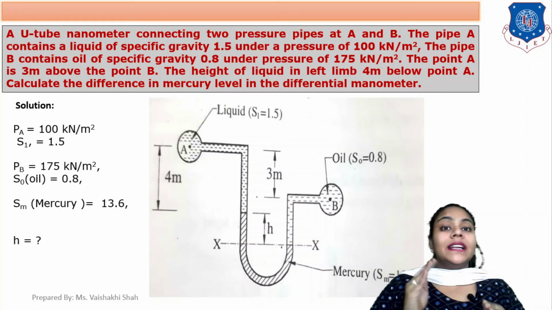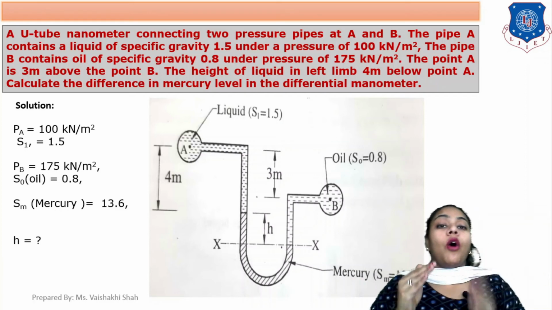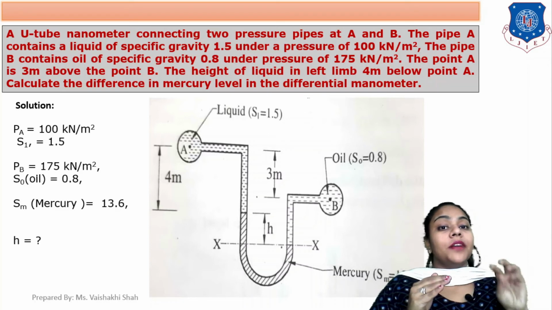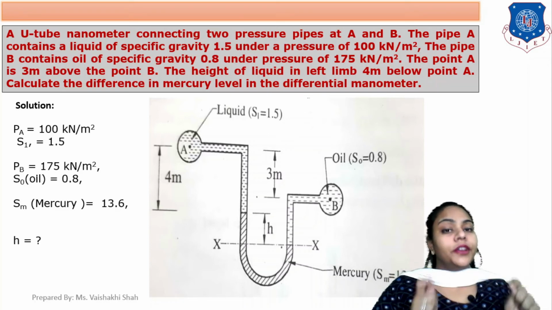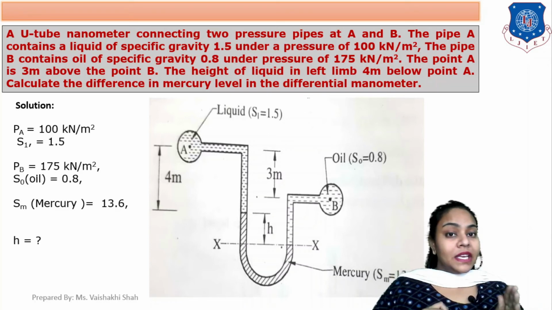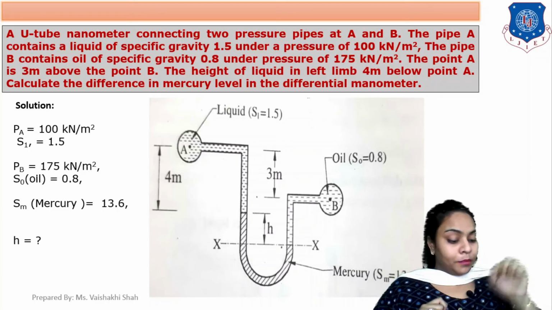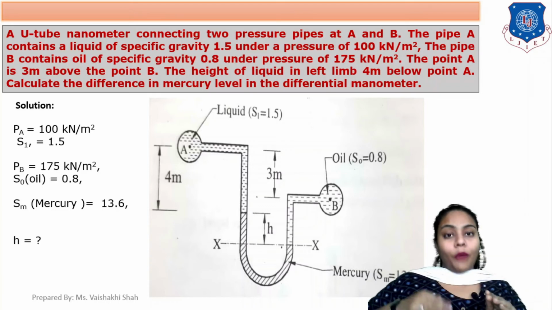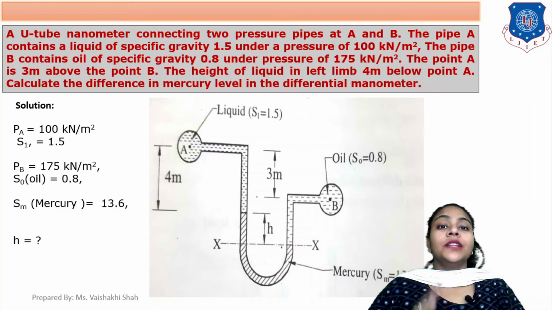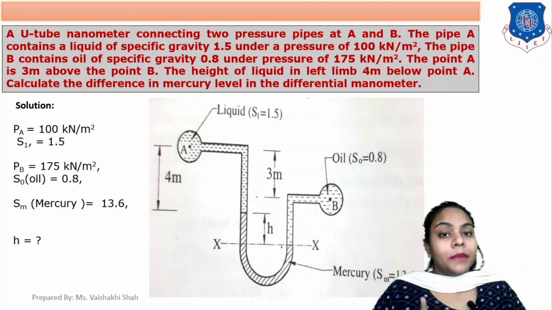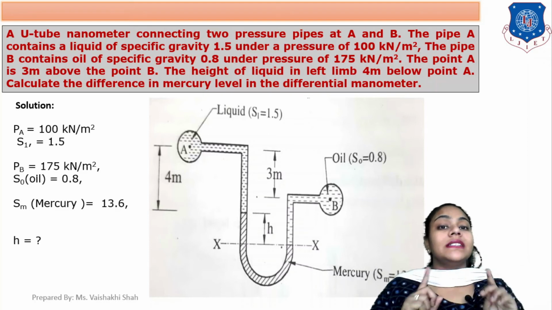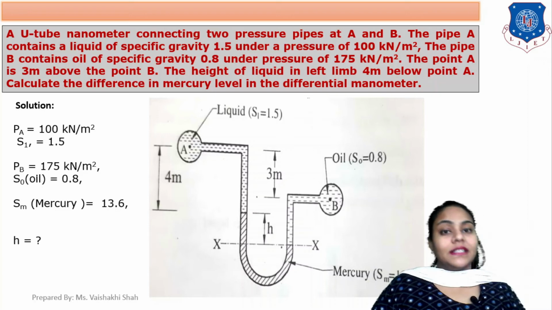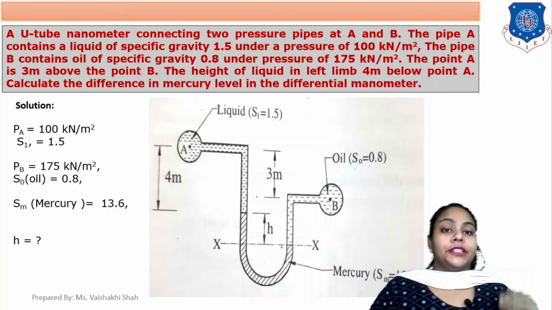So the liquid rises on the side opposite to the higher pressure point. Here the pressure in pipe B is higher, so mercury rises on the side of pipe A. Remember that the liquid always rises on the opposite side of the higher pressure pipe.